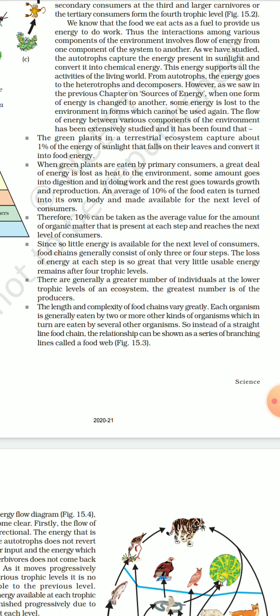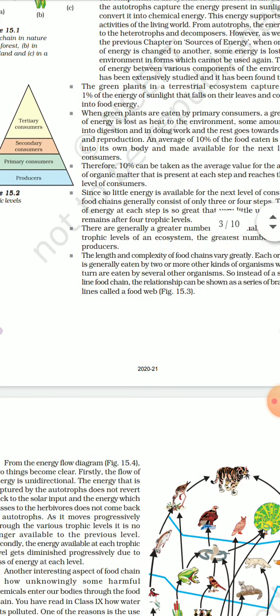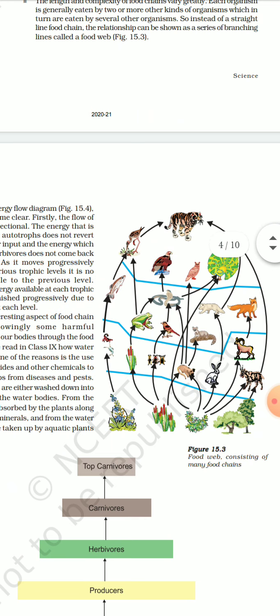It is consumed by multiple consumers. So the relationship is in the form of a web-like structure, and that's why it is known as a food web. You can see in figure 15.3 how so many animals are interlinked.